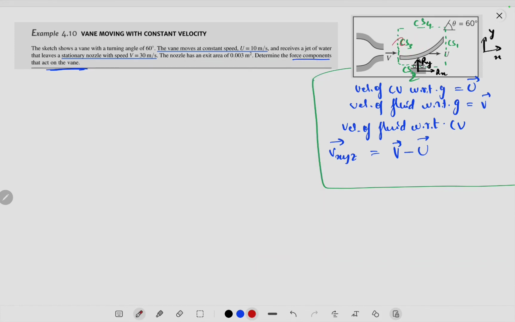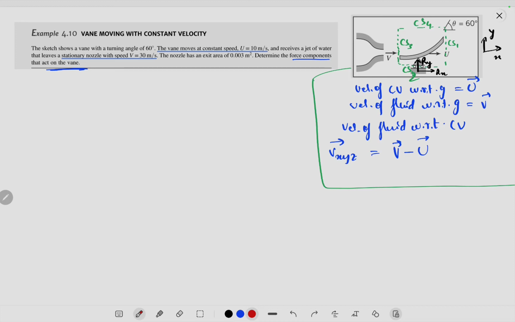Since atmospheric pressure is acting from all sides, it will get cancelled out, so we are not considering the force due to atmospheric pressure in our problem.